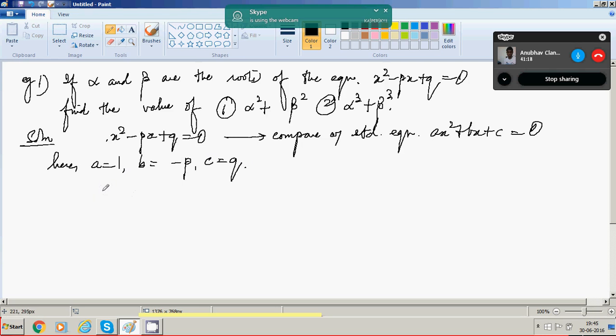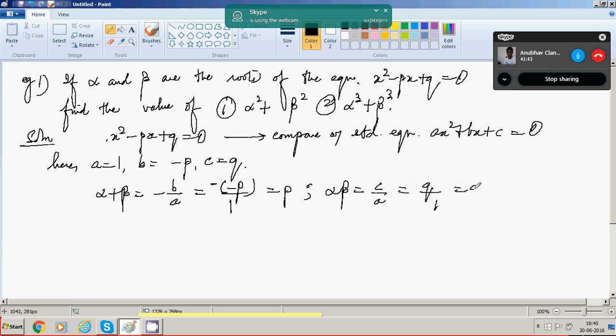Okay. So alpha plus beta, the sum of roots, is minus b by a, equal to minus of minus p by 1, equal to p. Alpha beta equal to c by a equal to q by 1 equal to q.